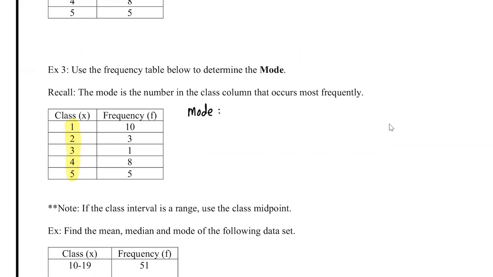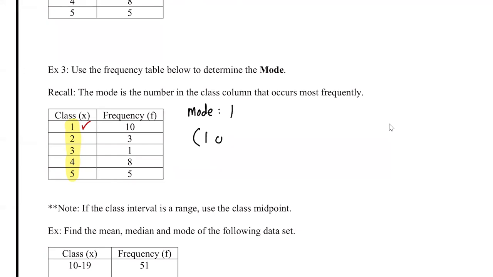Which number occurs more than any other number in the set? And so when you look at that, hopefully you come up with the number 1. And that's because it has a frequency of 10.